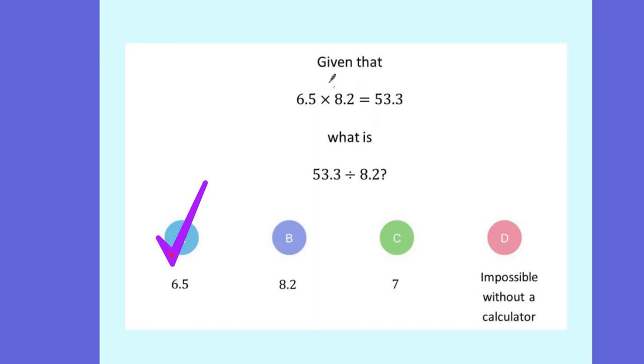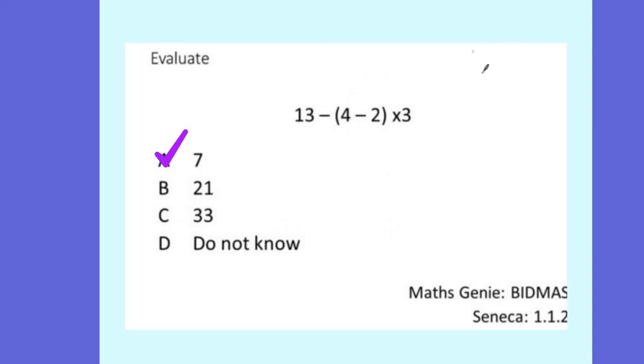I can say, well, if 6.5 times 8.2 is 53.3, 53.3 divided by 8.2 will give me A, 6.5. Question number 3, applying my BIPs, I do my bracket first, 4 subtract 2 is 2. I then do my products, 2 times 3 is 6. Then I've got 13 take away 6, which gives me A, 7.